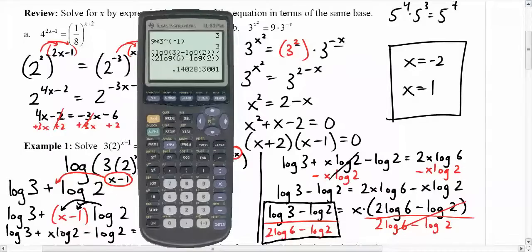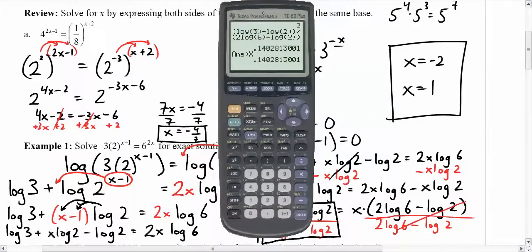So now I'm going to take that number and store it in x and actually check and see if it works in the equation. So 3 times 2 to the power of x minus 1, and I've stored the answer as x. So that is 1.65. 6 to the power of 2x, I'm hoping is the same answer. Please be 1.65. Yes. I got the same answer when I plug it in for both of the x's.